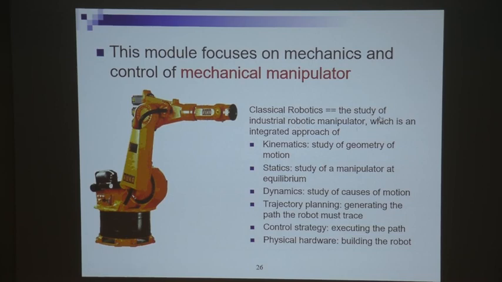Classical robotics is the study of the industrial robot manipulator, which involves an integrated approach of kinematics, which is the study of the geometry of motion; statics, the study of the manipulator at equilibrium; dynamics, the study of the forces of motion; trajectory planning, which is generating the path the robot must traverse; the control strategy, which is about the execution of the path; and finally the physical hardware, which is all about building the robot.